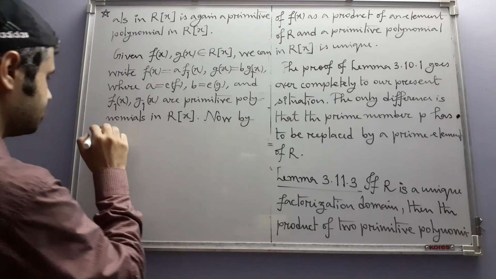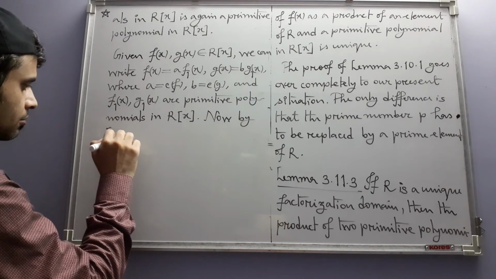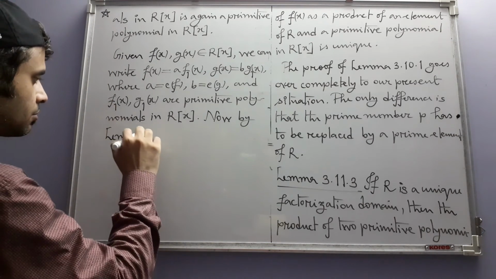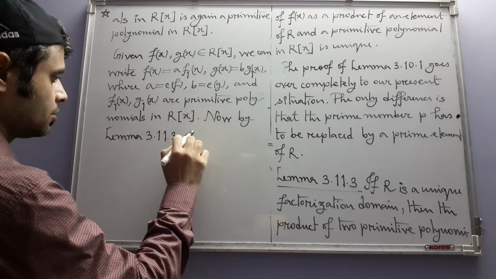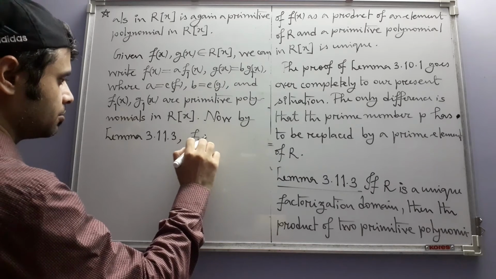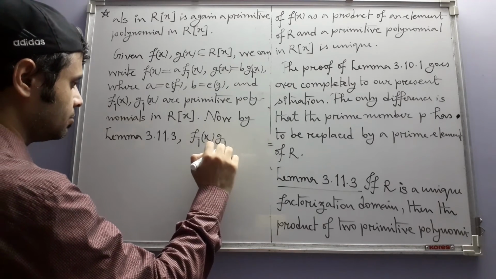Now, by this lemma, the product of these two polynomials is also primitive.